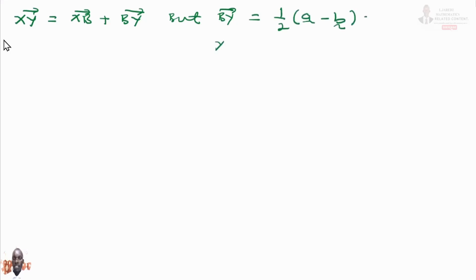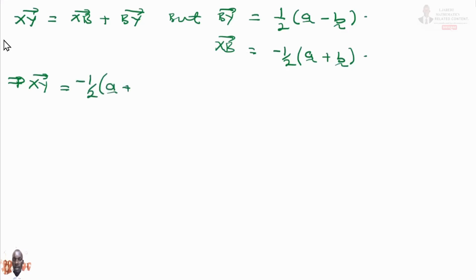Also, vector XB equals the negative half vector (a plus b). So this implies that our vector XY equals negative half into (a plus b) plus the vector BY, which is a half into (a minus b).